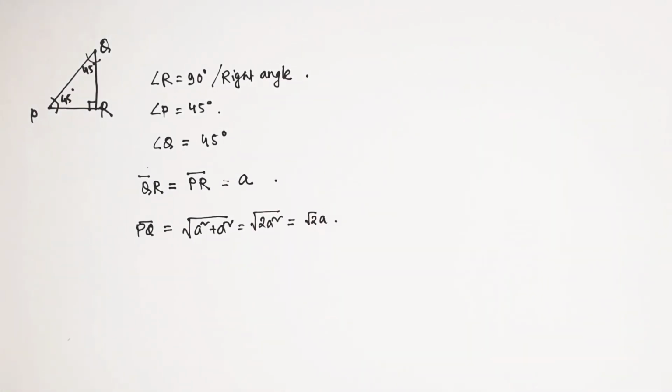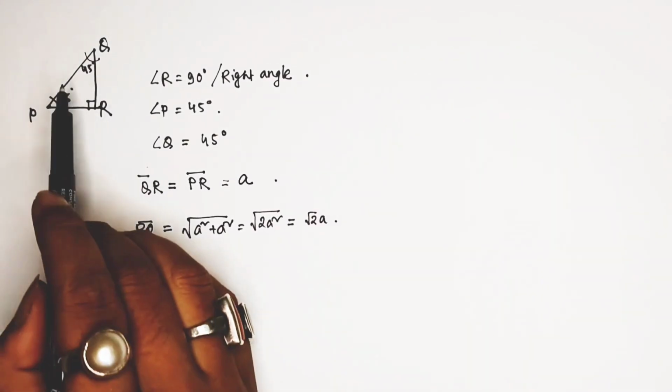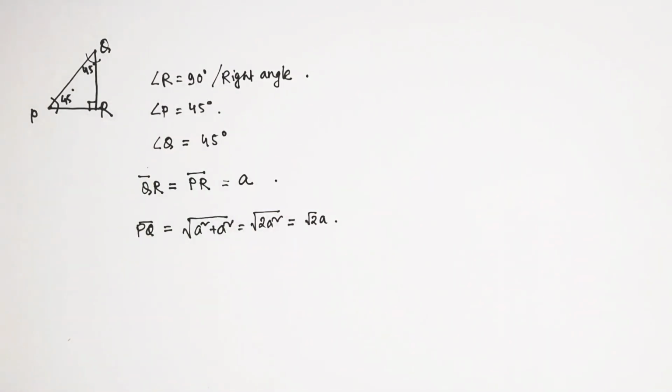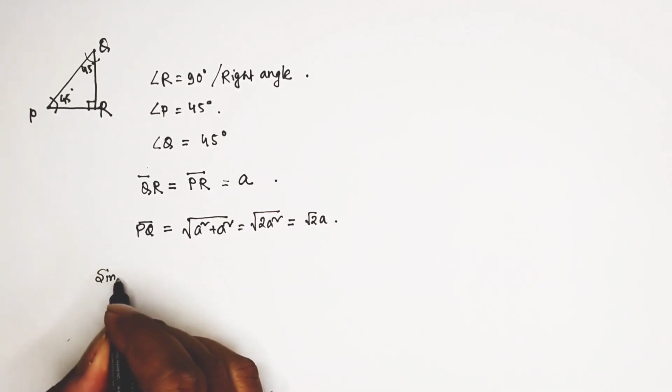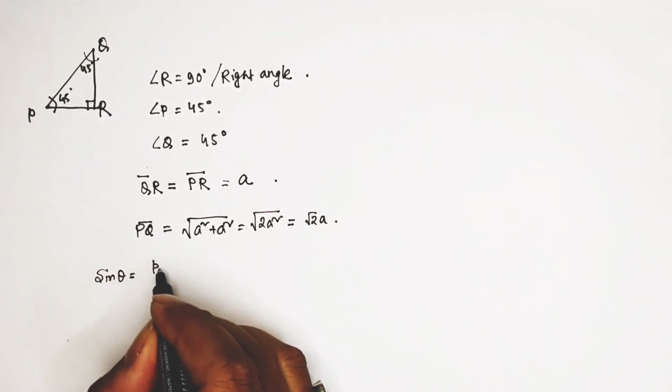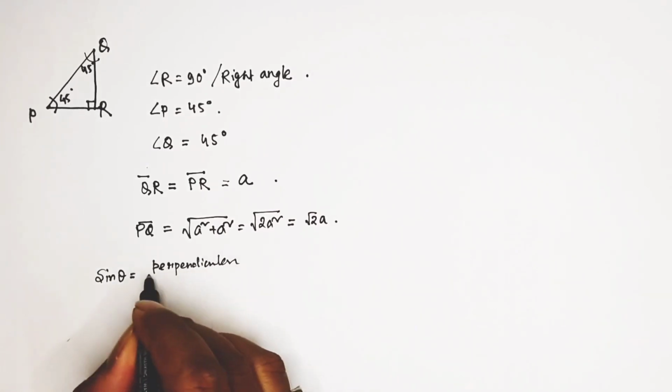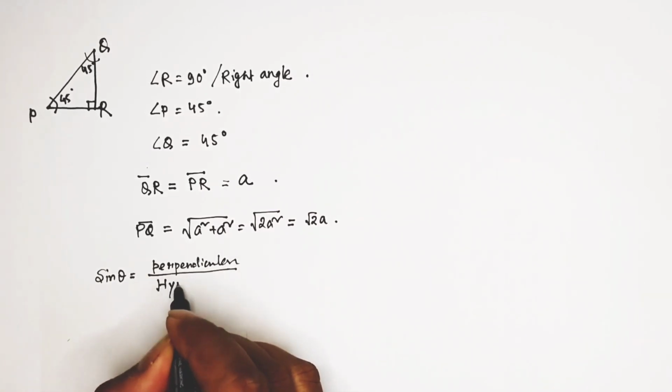Now we calculate the value of T ratio with respect to angle 45 degree. From the previous class, we saw that sine theta is equal to perpendicular by hypotenuse.